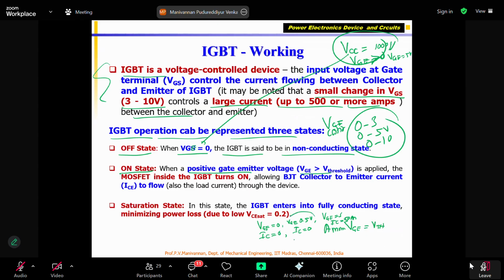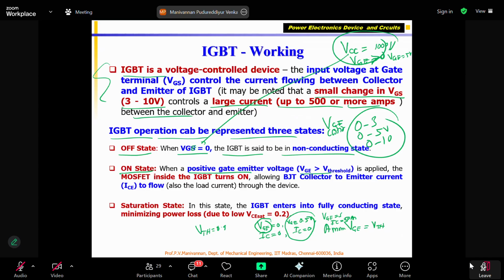So you may be wondering what happened here. This MOSFET, which is the input of the IGBT, has a threshold voltage of, for example, 0.9 volts. They say VTH equal to 0.9 volts. As long as my input voltage VG is lesser than 0.9, it will not conduct. Similarly, in a transistor, as long as the base voltage VBE is less than 0.7, the transistor will not conduct.